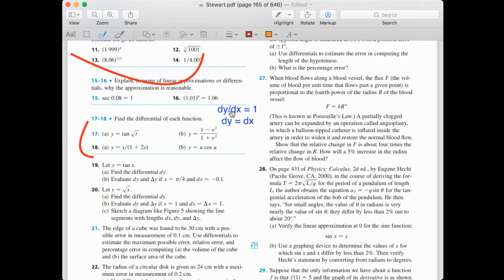In this case I give dy a name: differential. So don't get confused with differentiation. It's just another name. Usually we see dy over dx, but we can put the dx on the other side of the equation, so we call this dy the differential. Okay, so try those questions.